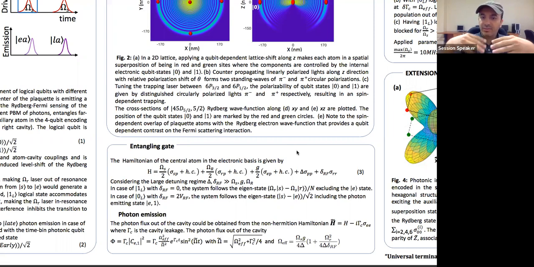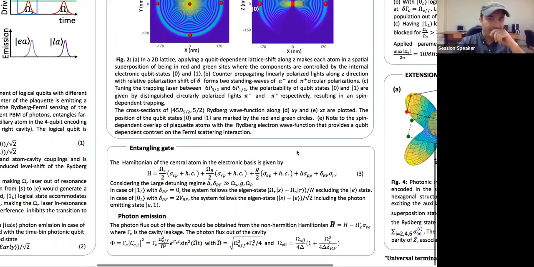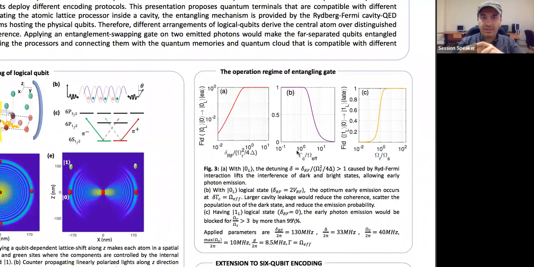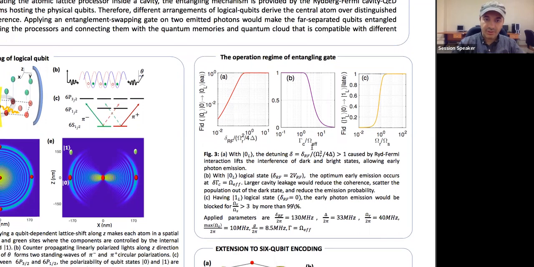I also discussed the rate of photon emission out of the cavity, and some of the bold results that I share here are shown in these three figures. In figure A, I discussed that there is a minimum detuning above which we can lift the interference of dark and bright state in case of zero logical state, allowing early photon emission.